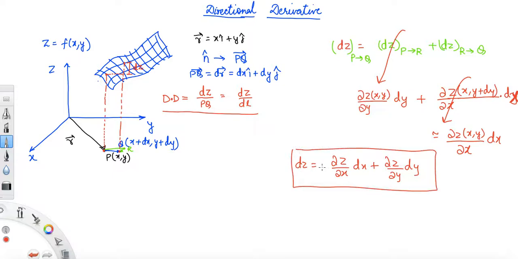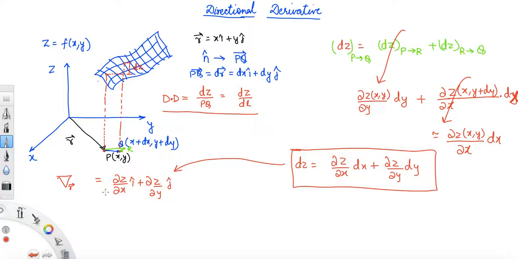This is important because we will be encountering this kind of thing in our deep learning also. Fine. So here, if we define a new quantity that is your gradient vector, this gradient vector at point P is equal to del z over del x i cap plus del z over del y j cap.